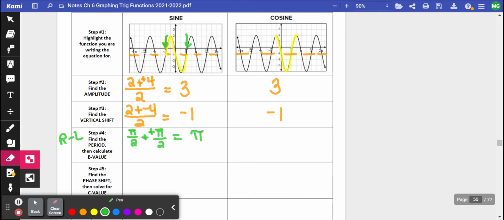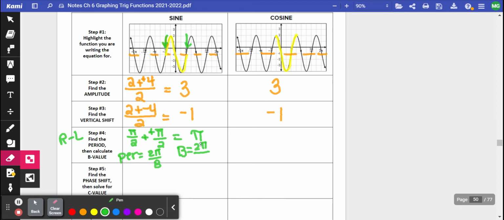Now that's not the b value, and we need the b value to actually write the equation. Remember that? So we're going to use the equation that says the period equals 2 pi over b, but we're going to switch that around a little bit. We're going to say that b equals 2 pi over the period, because all I did was cross multiply and then solve for b.